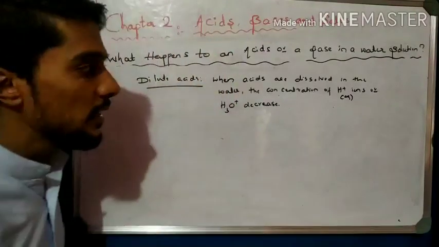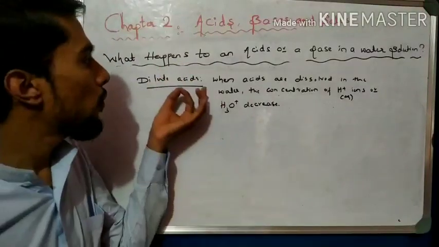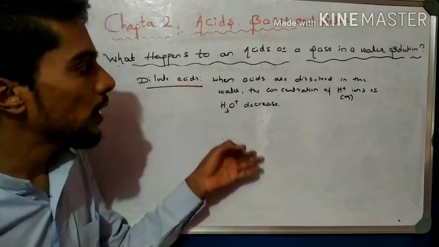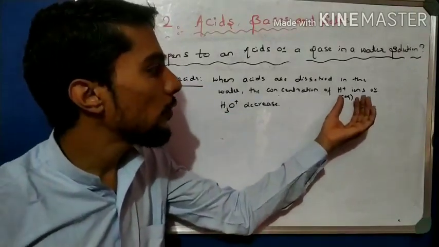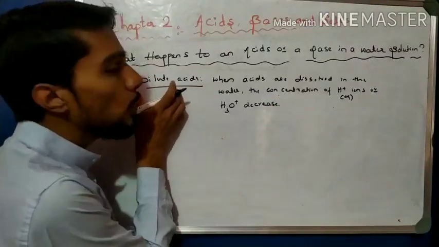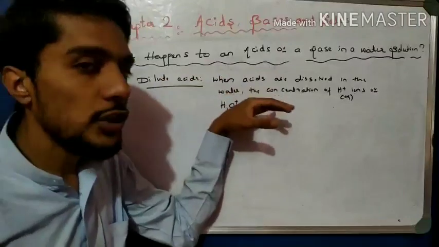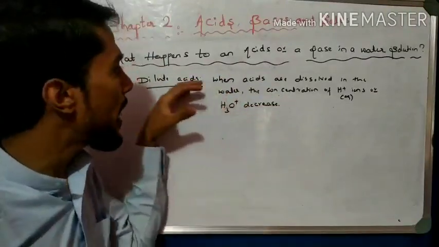That is very important. This process is called dilution. Adding acid into the water, in which the concentration of H plus ions is decreasing, is called dilute acid. So dilute acid is acid in which the concentration of H plus ions slowly decreases by adding water.